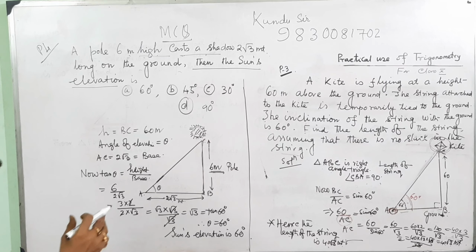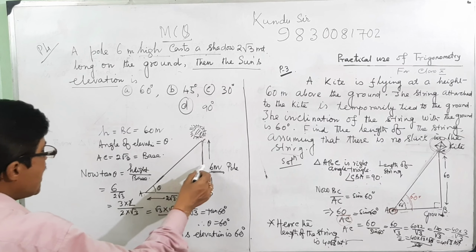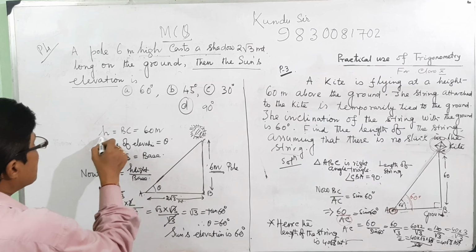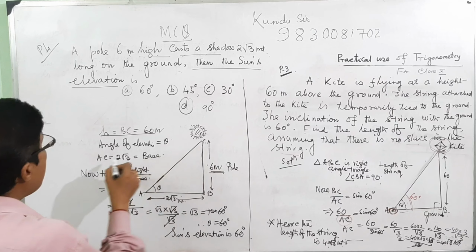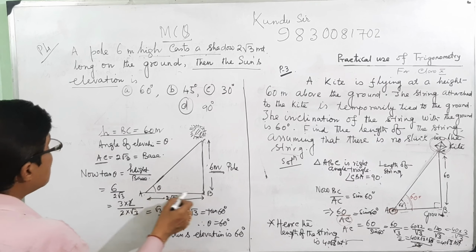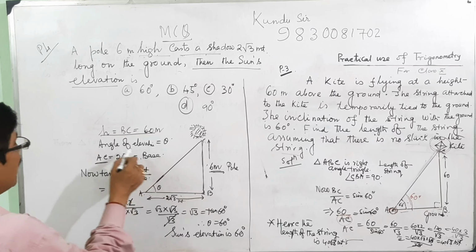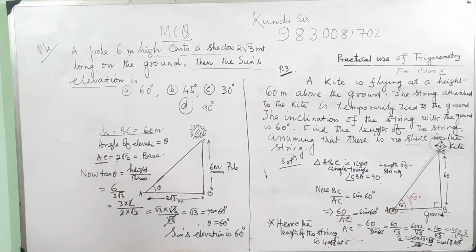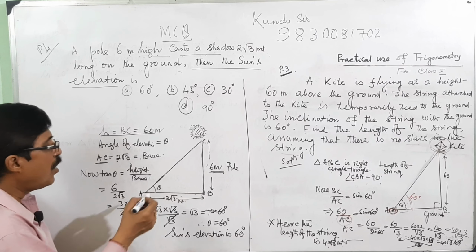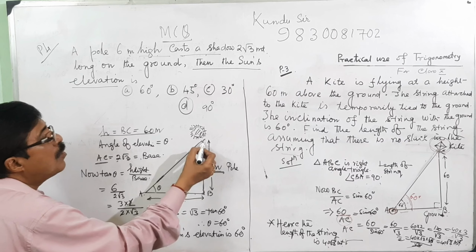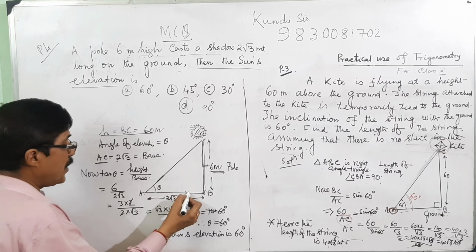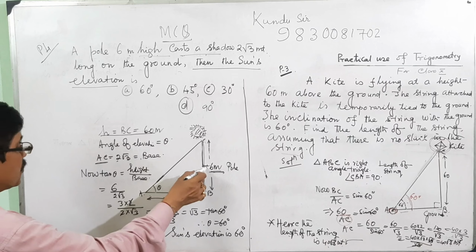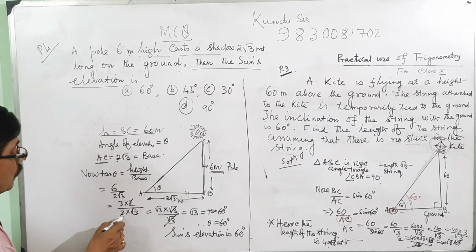Height upon base: height is BC equal to 6, and AC is the base, equal to 2 root 3. Now tan theta equals perpendicular or altitude upon base, 6 upon 2 root 3.